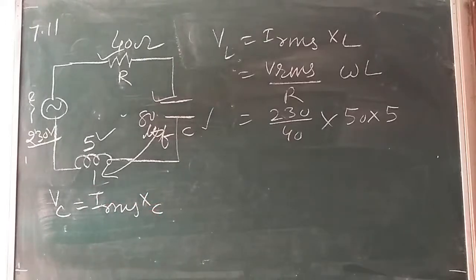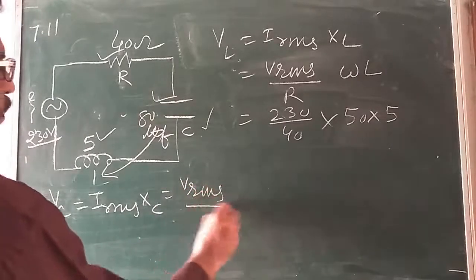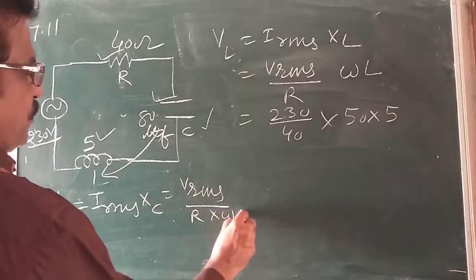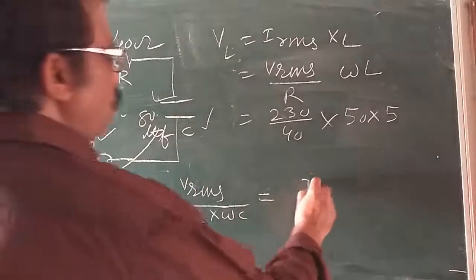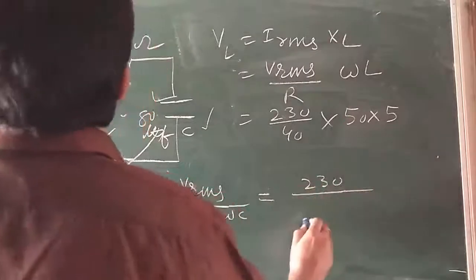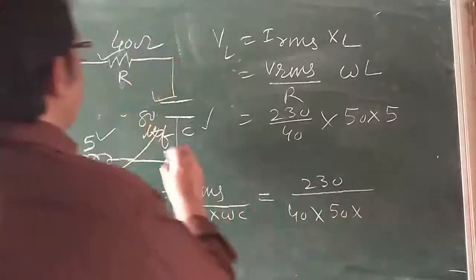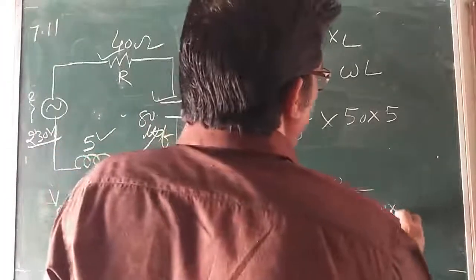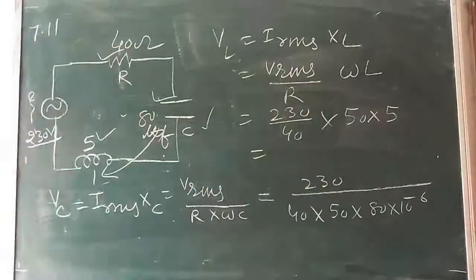IRMS is equal to VRMS divided by R, into 1 by omega C. What is VRMS? 230. What is R? 40. What is omega? 50. What is C? 80 into 10 raised to the minus 6. Solve it.